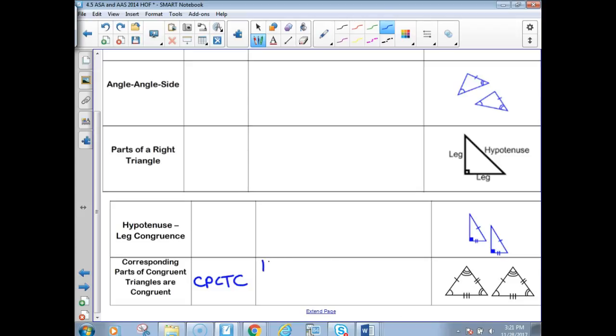That would be that if 3 pairs of sides and 3 pairs of angles are congruent in 2 triangles, then the triangles are congruent.